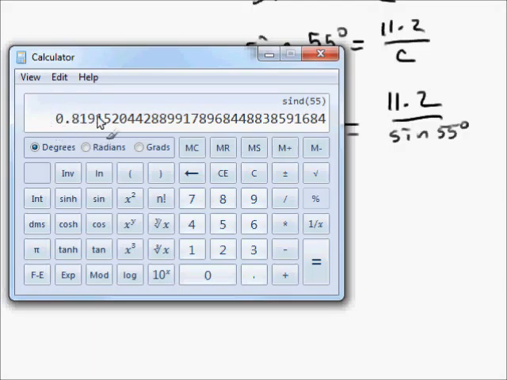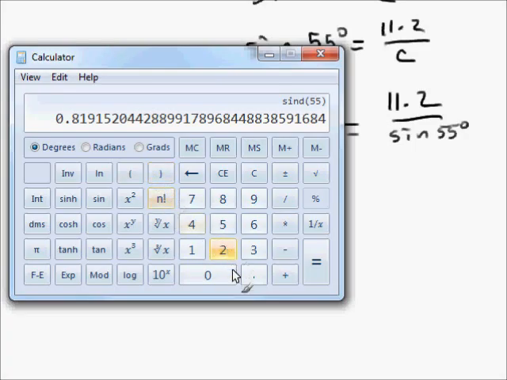The important thing is it's less than 1. If you're doing trig with sines and cosines, they better be between 1 and negative 1 inclusive. Tangent goes from negative infinity to positive infinity, but your sine and your cosine better be between the two.